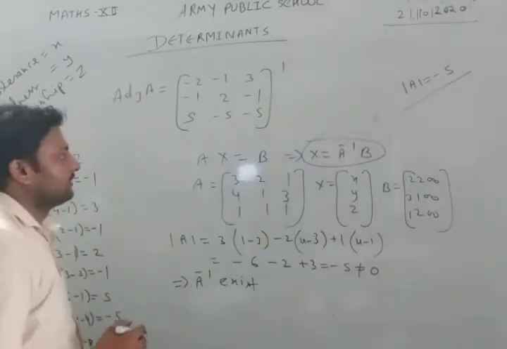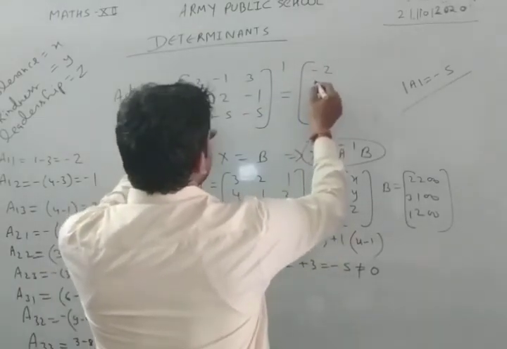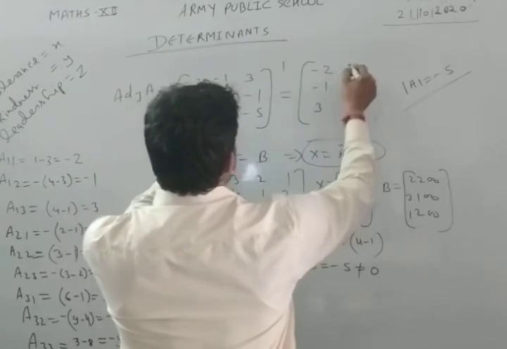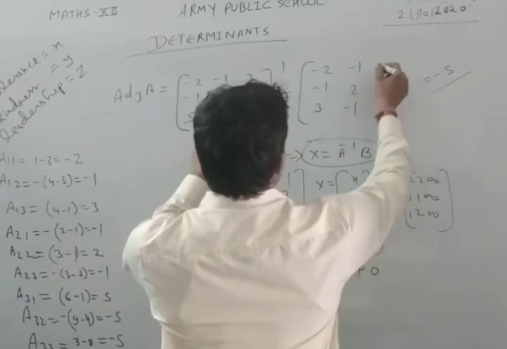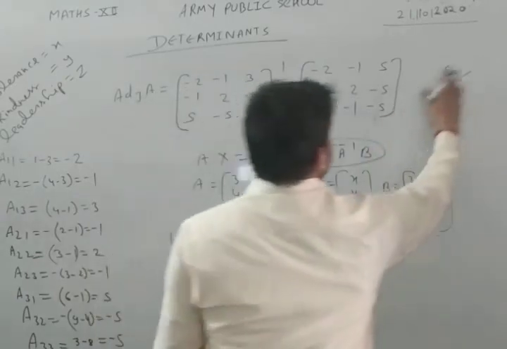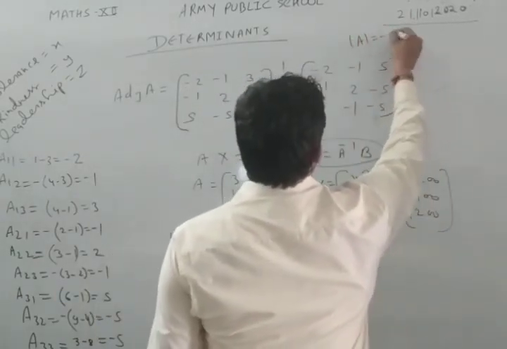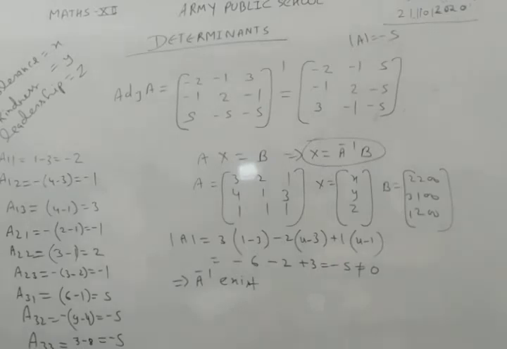Taking its transpose, the adjoint of A is -2, -1, 5, -1, 2, -5, 3, -1, -5. Now we find A inverse.